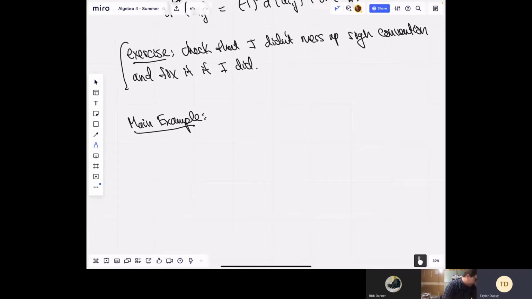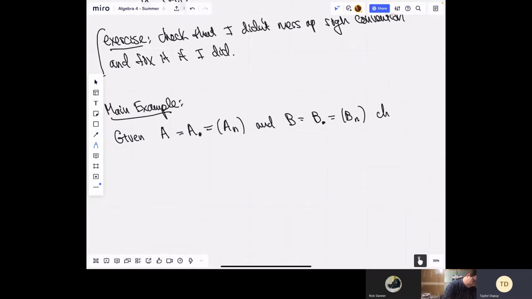So let's do this. Given a chain complex, I'm going to start dropping the bullets again because it's going to be kind of annoying. So this is A_n, and this is B_n. Given chain complexes, we can form a double complex.